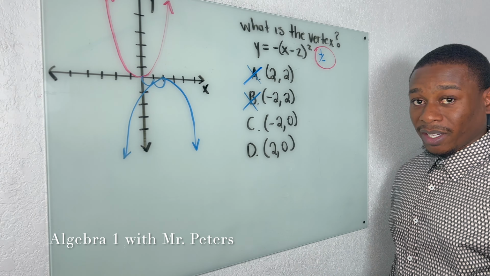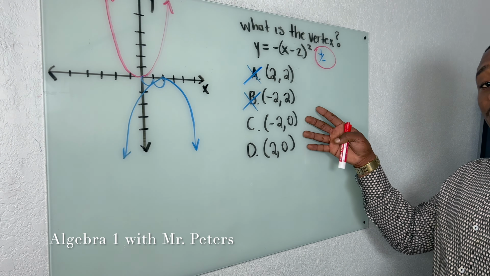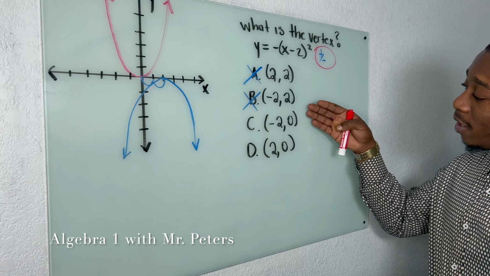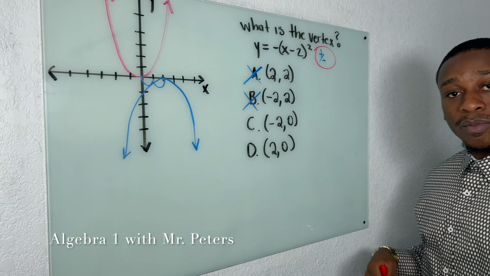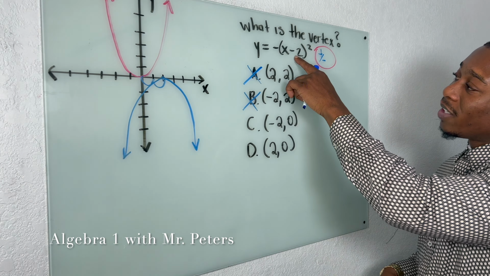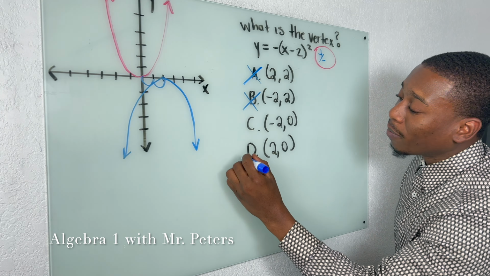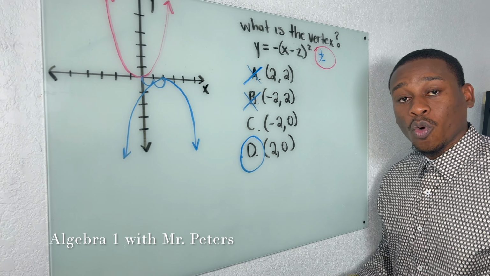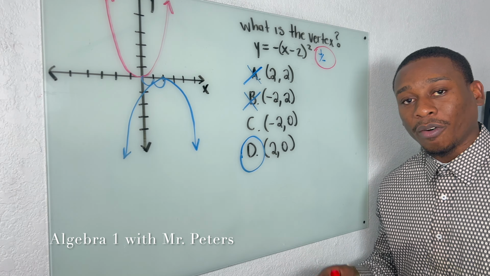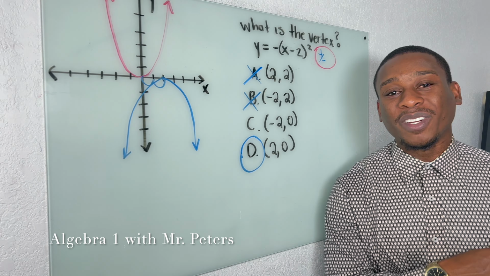B is not right. And when we look down here, this is the challenging part. But just remember, guys, that it's the opposite of what's inside of parentheses. So if it's minus 2, that means our answer is going to be plus 2 when we set it equal to 0 and solve for x.